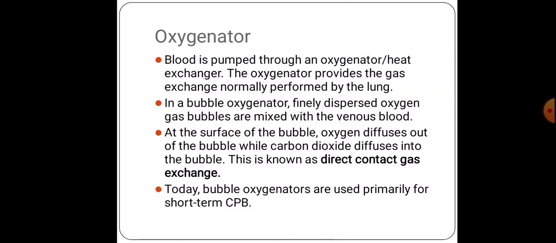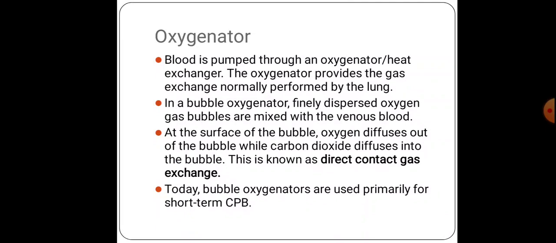There are many types of oxygenators. In bubble oxygenators, finely dispersed oxygen gas bubbles are mixed with the venous blood. At the surface of the bubble the oxygen diffuses out and the carbon dioxide diffuses into the bubbles.